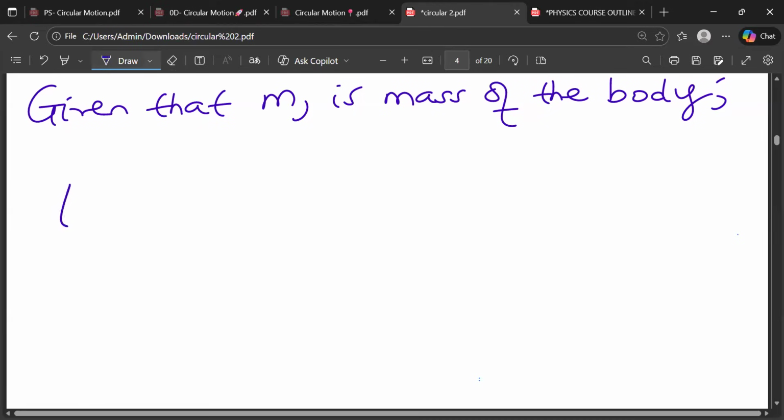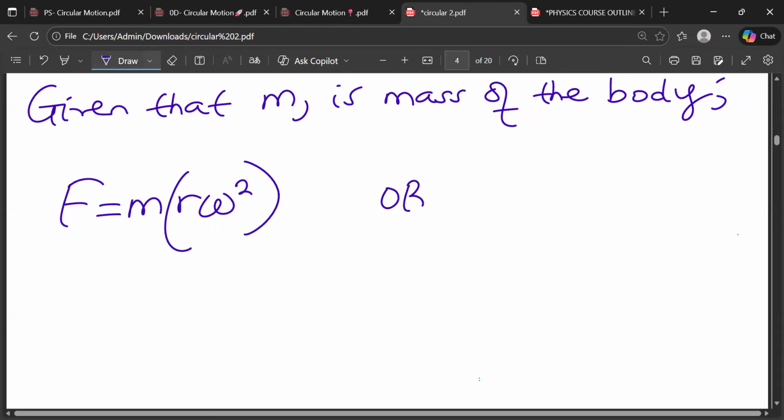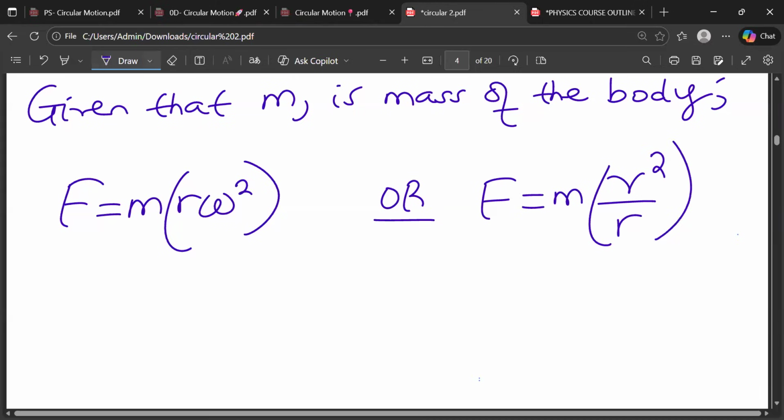So you come and say, our F will be m, then our a, we have said, is r omega squared. Or our F will be ma, which is m v squared over r. You see that?